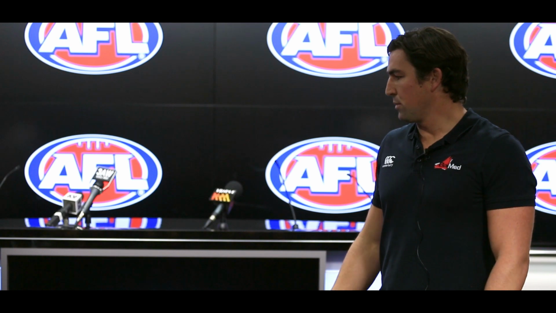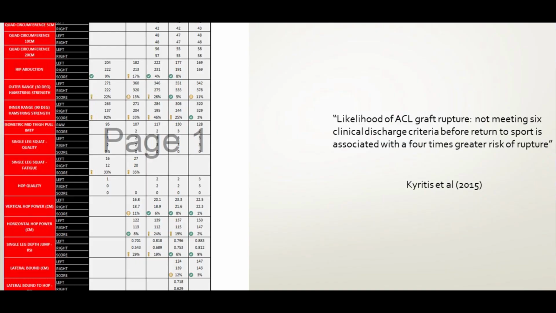Yeah, so that paper there from Aspetar. They looked at six clinical discharge criteria, which was a variety of hop tests, a T agility test, and quad and hamstring strength.